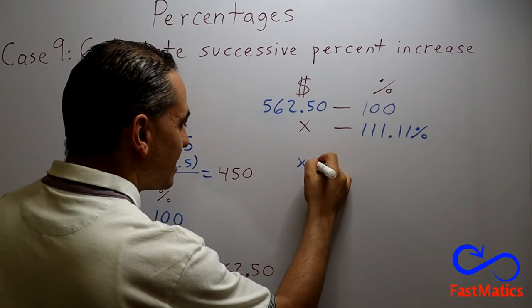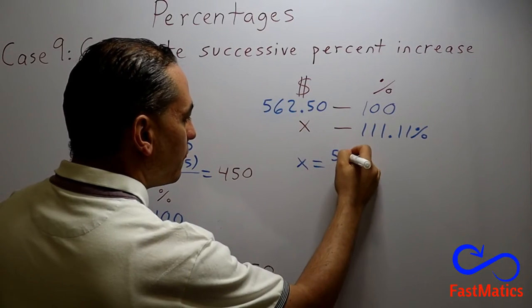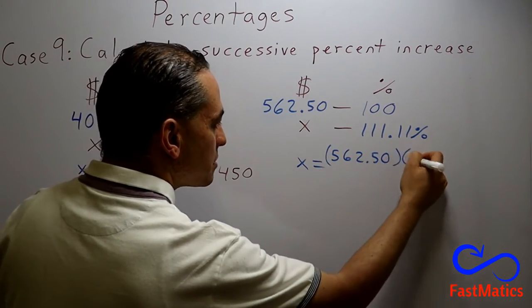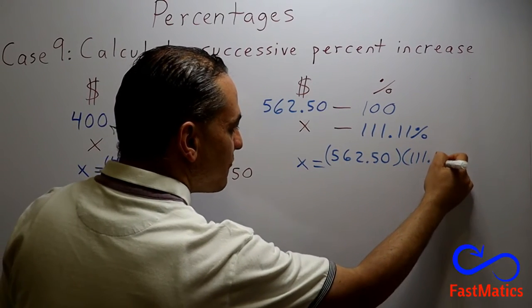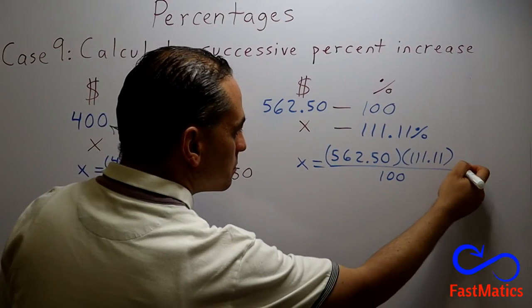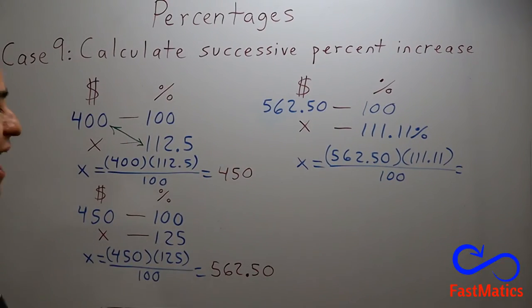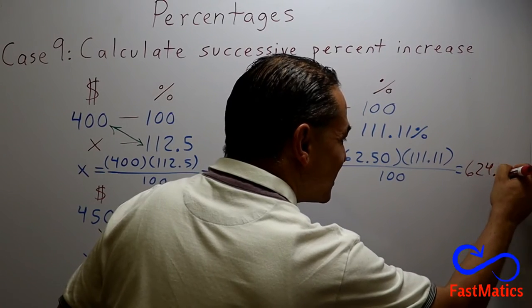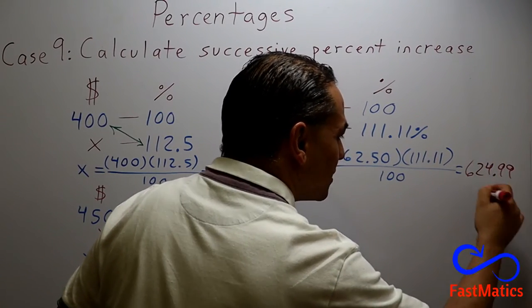So we calculate that, multiplying 562.5 times 111.11 divided by 100. And the answer is $624.99.